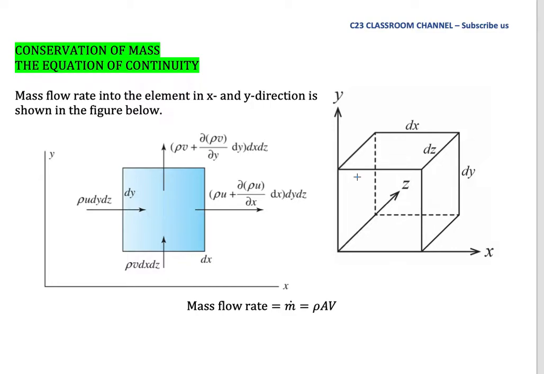Maybe you have input as liquid, but the output is gas, for example. So the physical form is different, but the quantity of mass is constant. This is the basic idea of the conservation of mass.